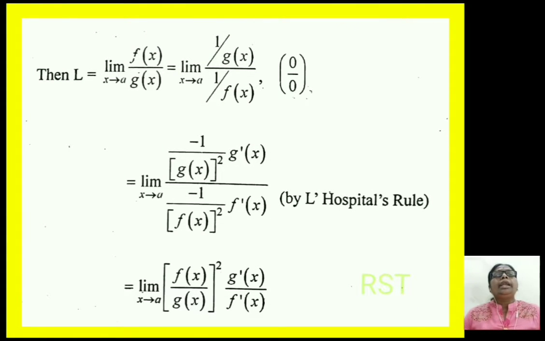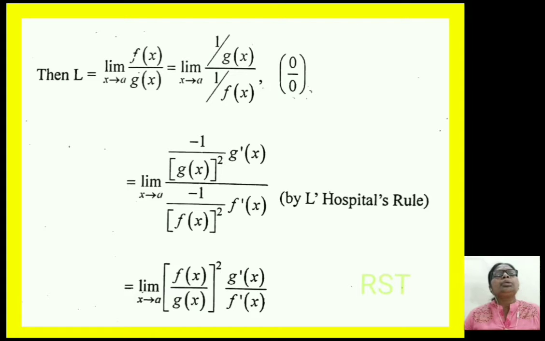Then, L equal to limit of f(x) upon g(x) as x tends to a, which can be written as limit of 1 upon g(x) divided by 1 upon f(x) as x tends to a.